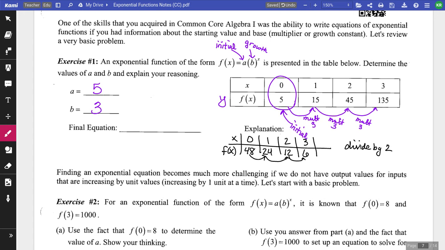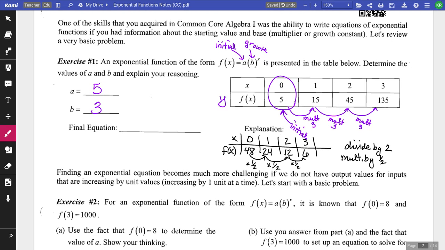But for your growth factor, whether it's growth or decay, don't think of it as divide, think of it as multiplying. Dividing by 2 is the same thing as multiplying by 1/2. So to go from 48 to 24, multiply by a half. 24 to 12, multiply by a half. 12 to 6, multiply by a half.